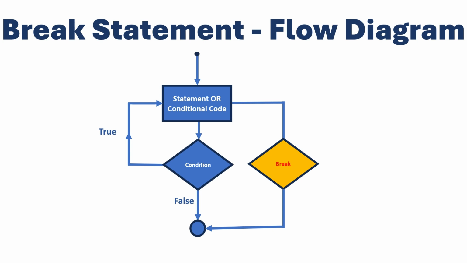And this is how the break statement flow diagram works. So when a break statement is encountered, the loop stops immediately and control passes to the statement following the end of that loop. So either it terminates the program or it reaches the end of the loop. And this is how it works.